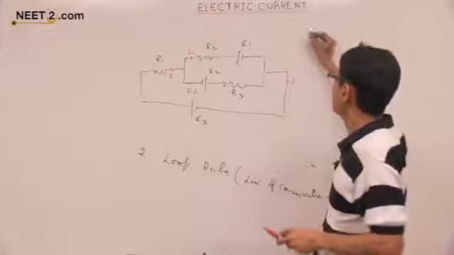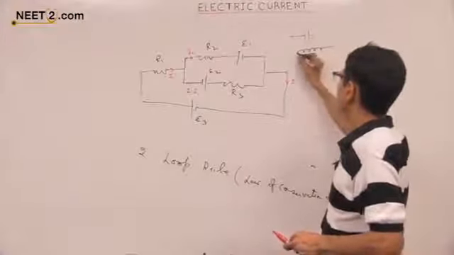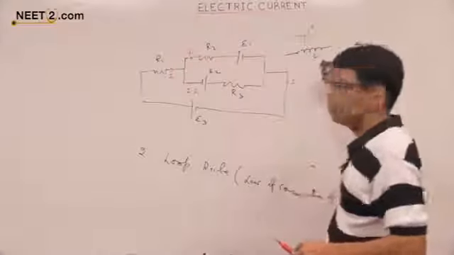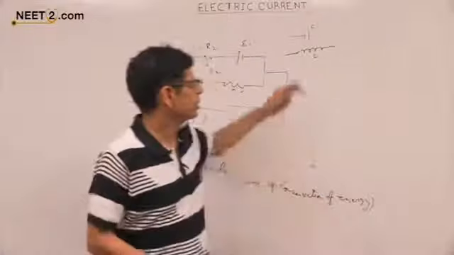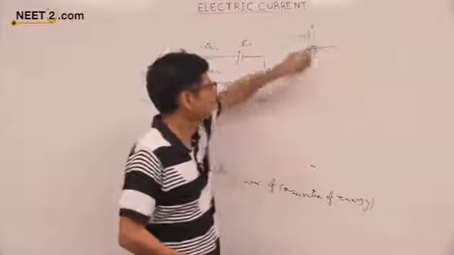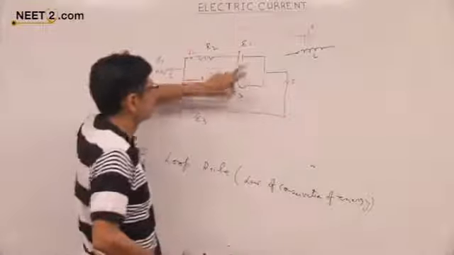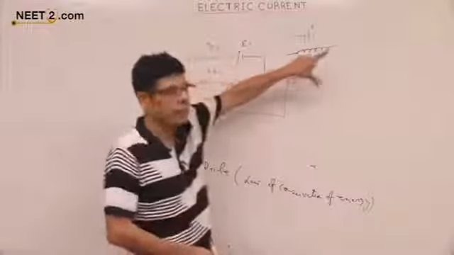There can be a capacitor, there can be this, which is known as an inductor. Its inductance, to come in later lectures, is measured in an SI unit called Henry. This is in farads, this is in ohms, this is in volts. So these four things could in general be hanging around in your circuit.